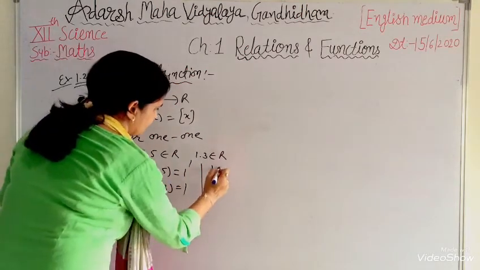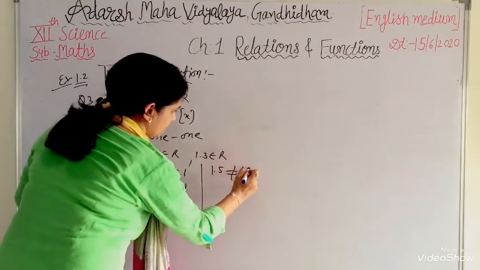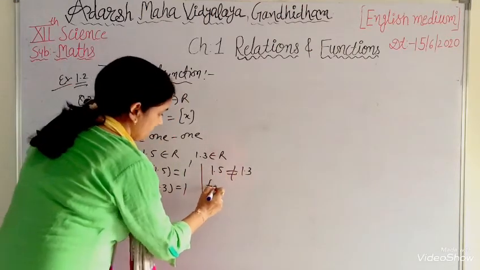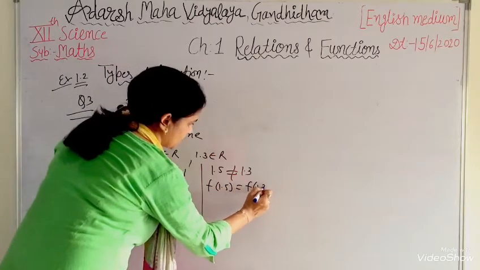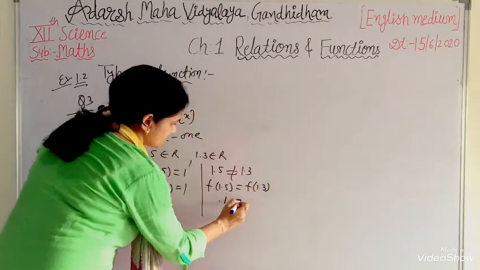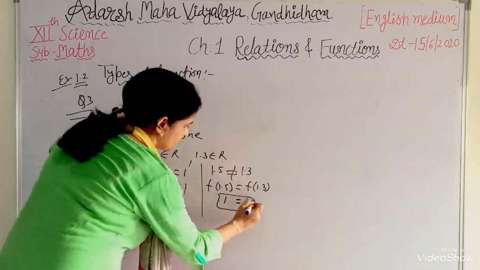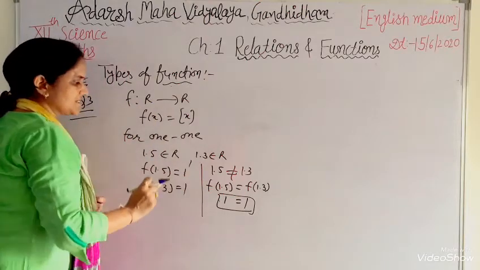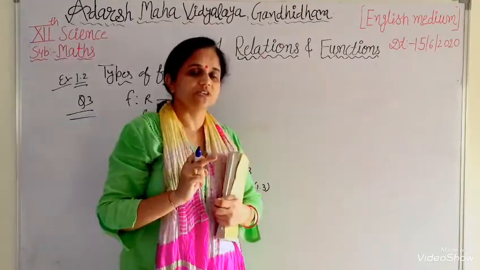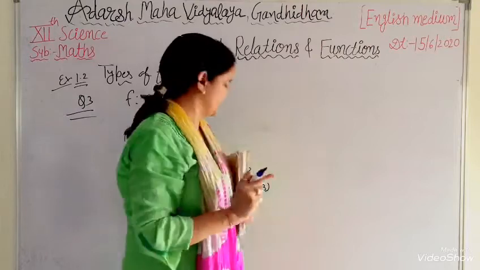Here see that 1.5 is not equal to 1.3, but the image of 1.5 is equal to the image of 1.3. Distinct elements of set R have the same images. So the function is not one-one.